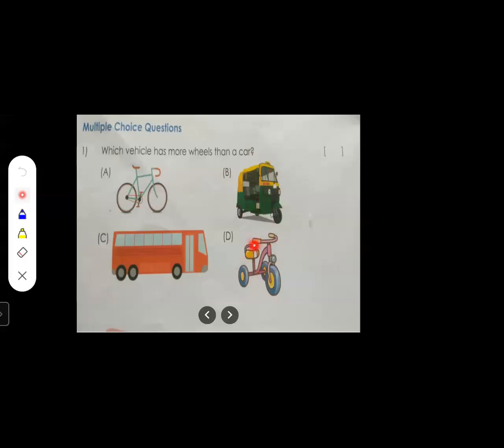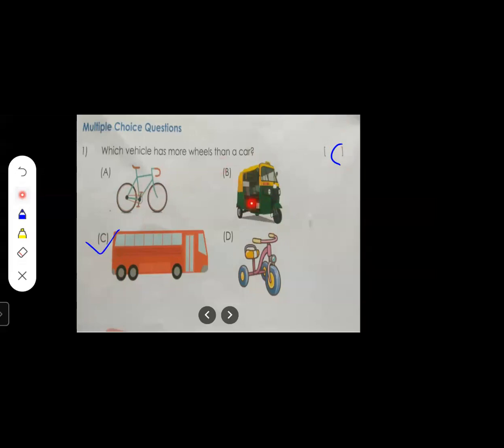For tricycle, 3 wheels. But for bus, there are 6 wheels. So we will tick C, bus, and write C in the bracket. The correct answer is C, bus, because a bus has more wheels than a car.